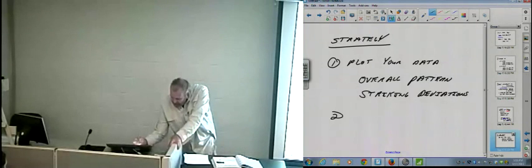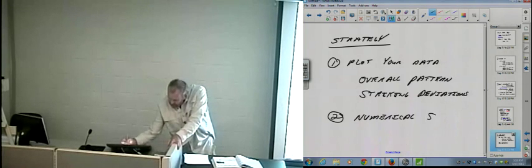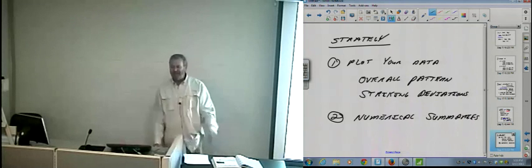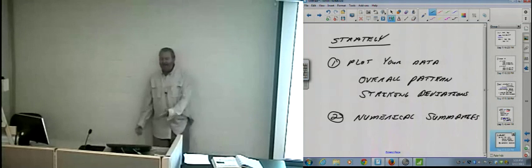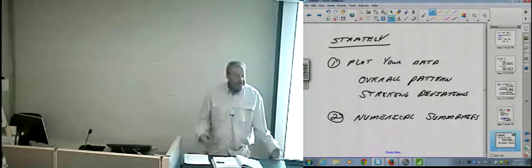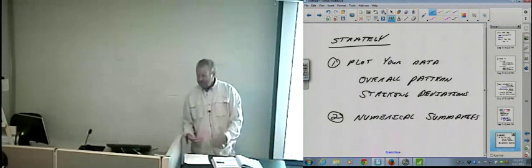And then number 2, numerical summaries. We calculated center and spread. We had a formula to figure out if you had any outliers in the data. We have different numerical summaries here. So we're playing the same game over again. Make a graph. Tell me what you see.